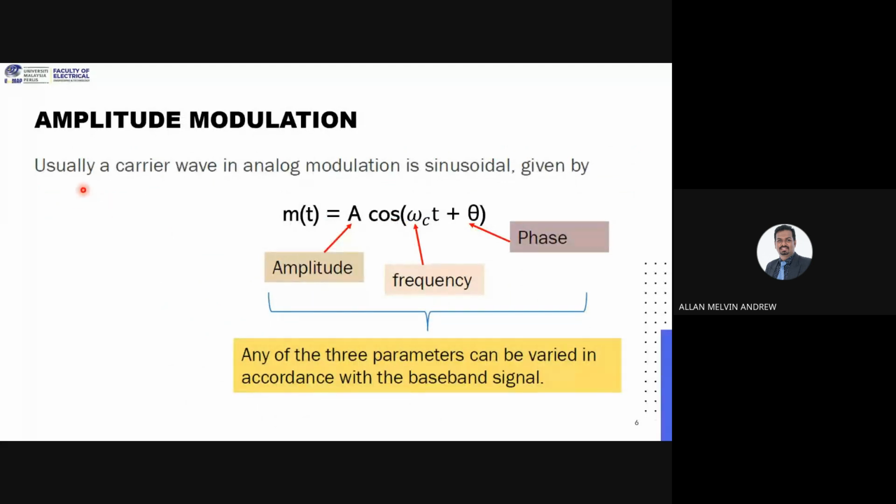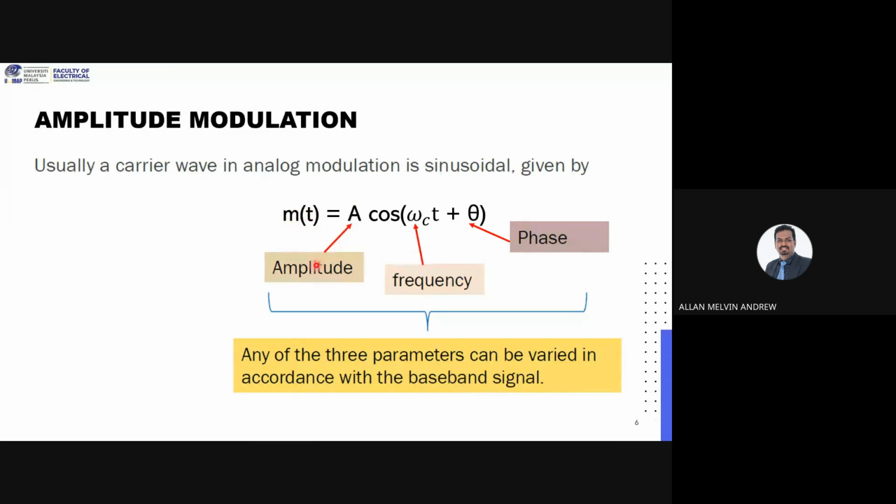Usually a carrier wave in analog modulation is sinusoidal. Sinusoidal means like a sine wave. So this is a formula for a graph. Since it's a modulation, we write it as a m of t, equals A cos of omega c t plus theta, where A is the amplitude.